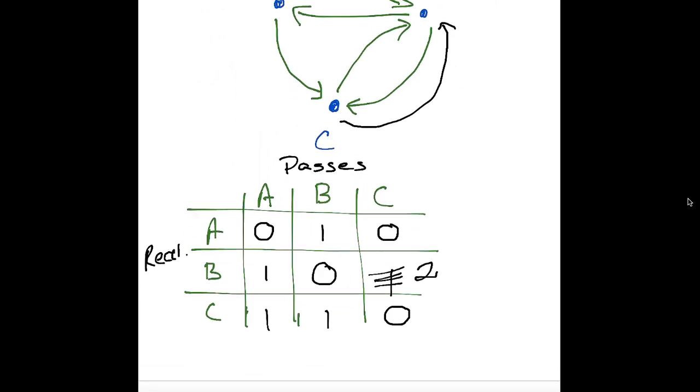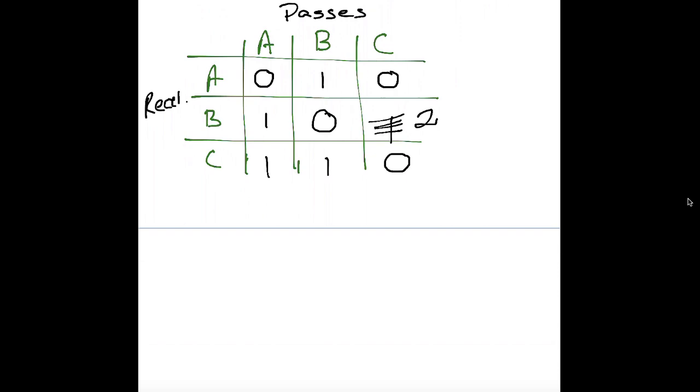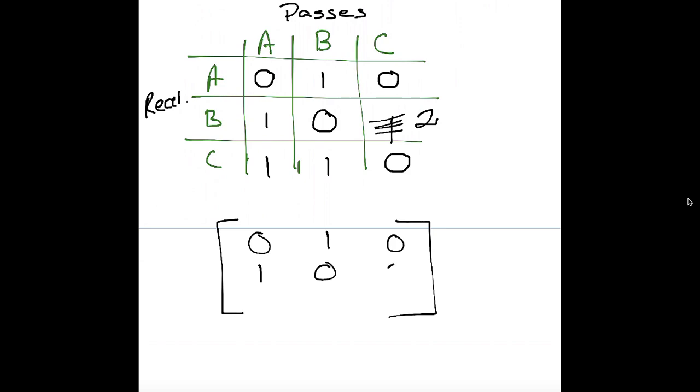Now, in the practical sense, we're not going to have these labels A, B, and C. What we're going to have is them written like this: 0, 1, 0. This would be 1, 0, 2. This would be 1, 1, 2.